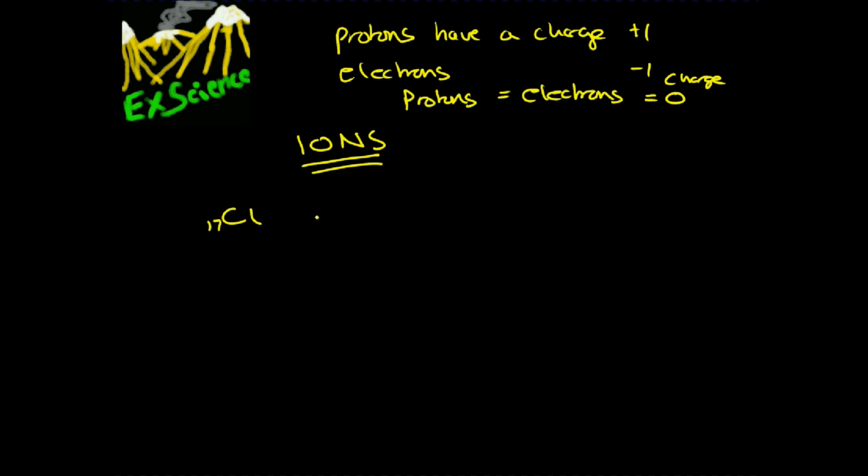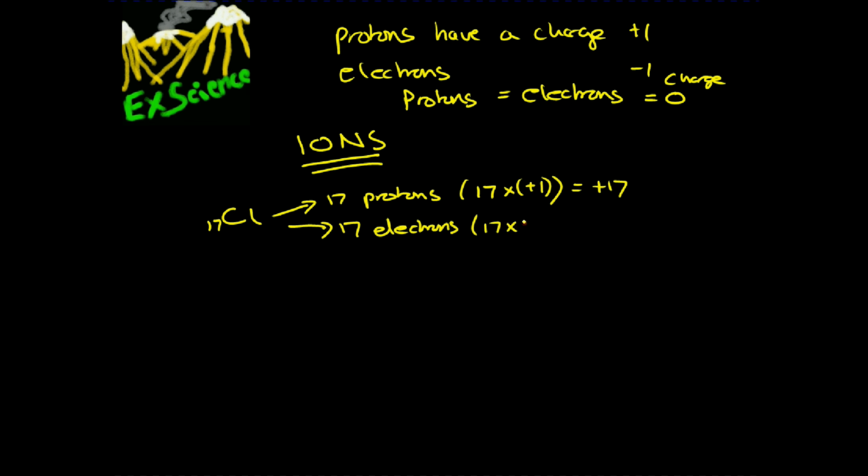In an uncharged chlorine atom, there are 17 protons, so that's 17 times +1, which equals +17, and there are 17 electrons, 17 times -1, which equals -17.